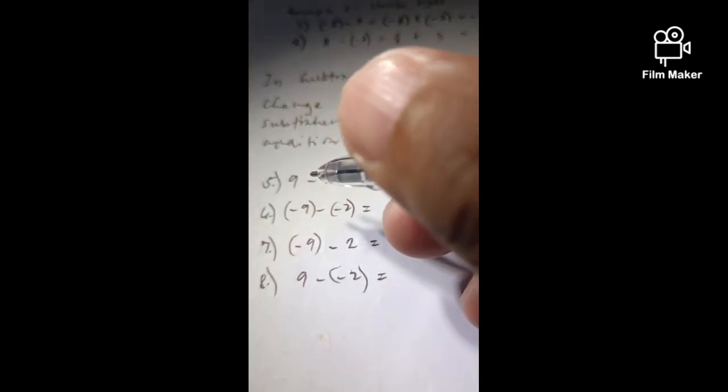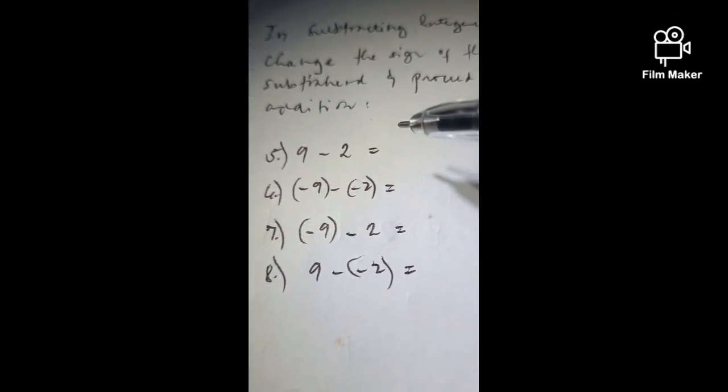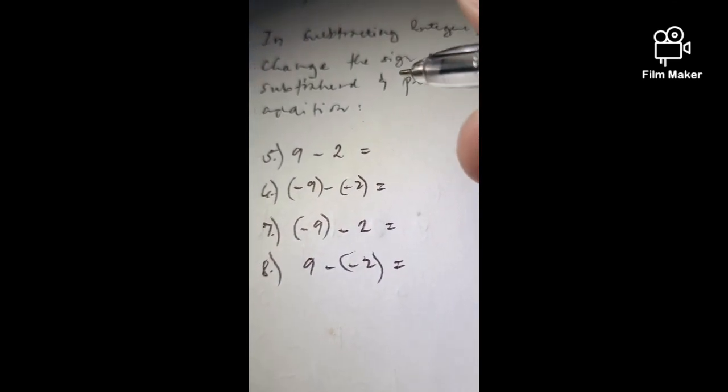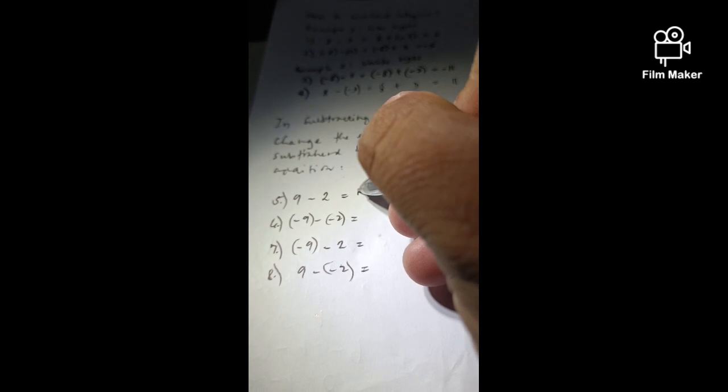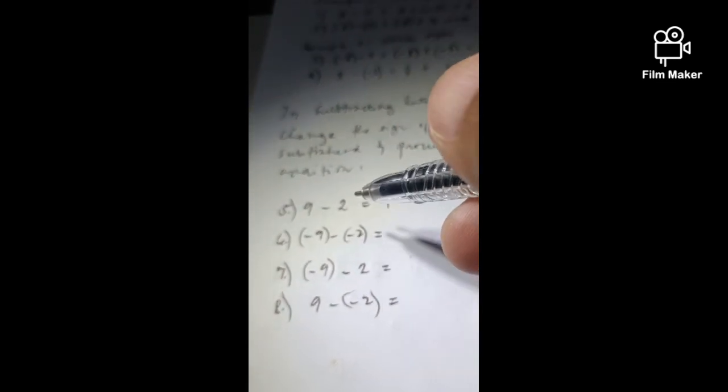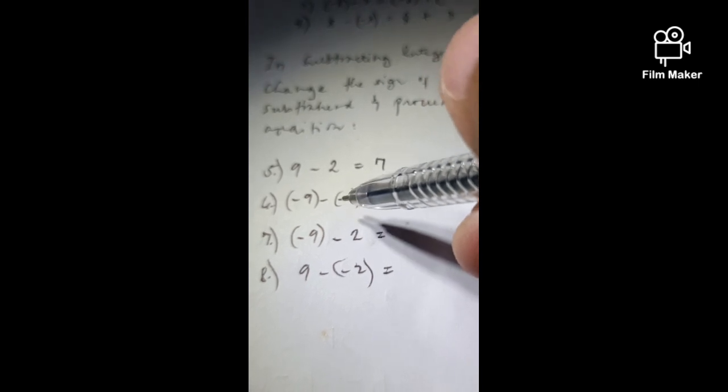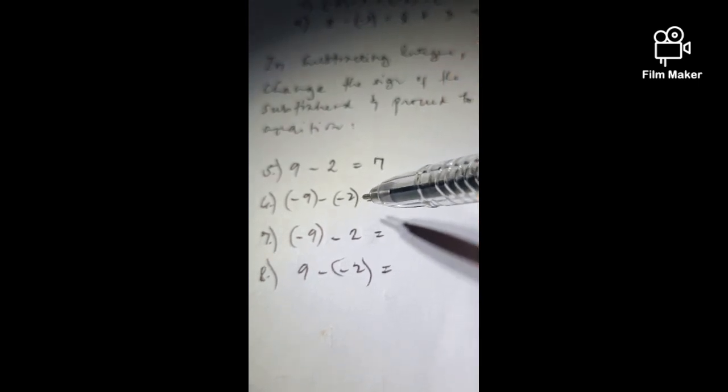So, we proceed to examples. 9 minus 2. Kailangan sa isip na lang natin yung procedure, ha? Ganito. 9 minus 2, positive 9 minus positive 2, that is positive 7. Okay. Number 6, we have the negative 9 minus the negative 2.